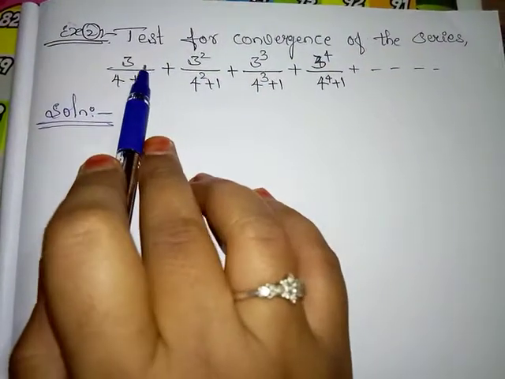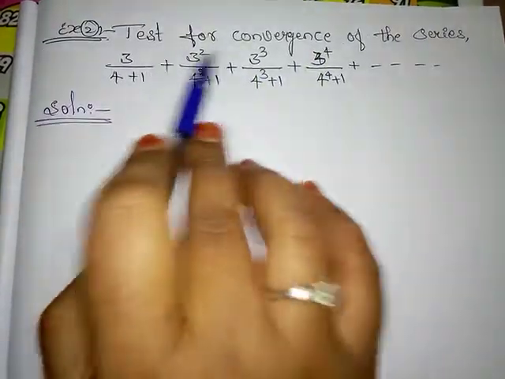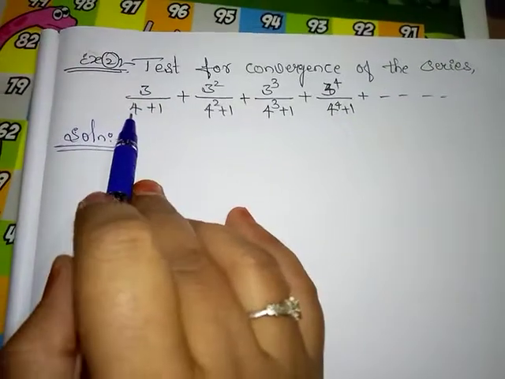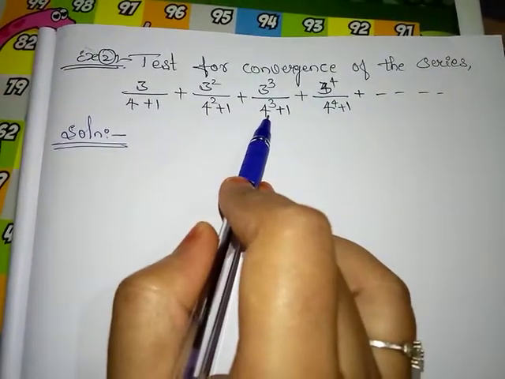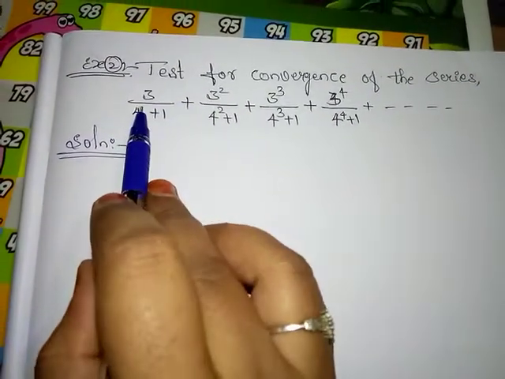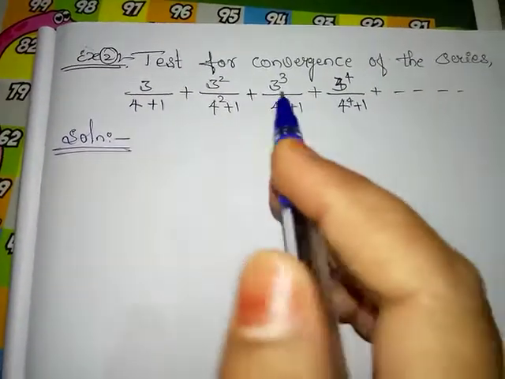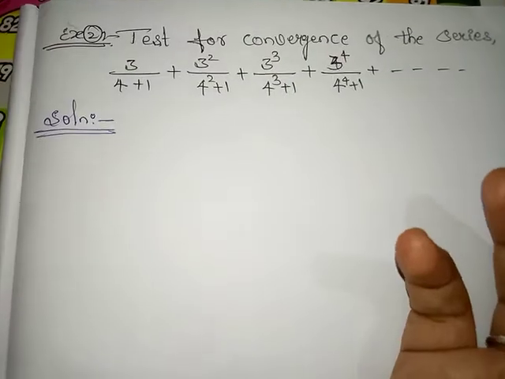See here, base values are same in the numerator, only the power values are changing, and here also the base values are same. Here power values are changing, so the changing values are considered as n for the nth term.